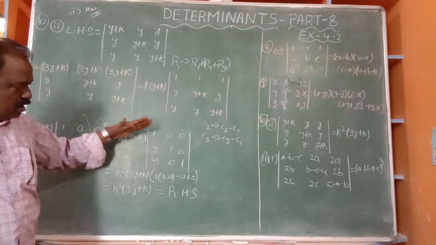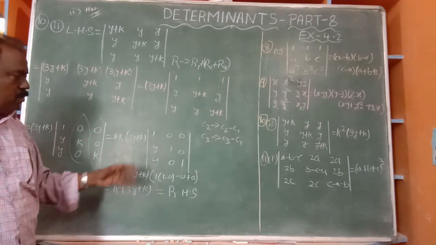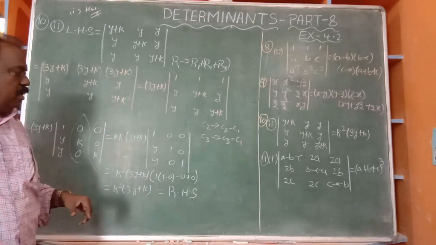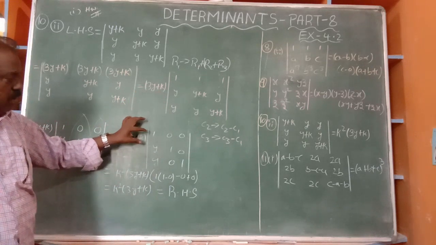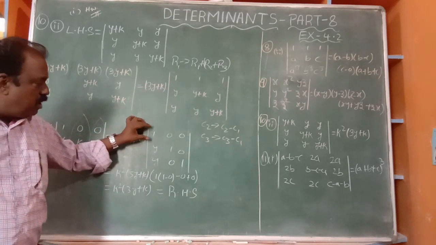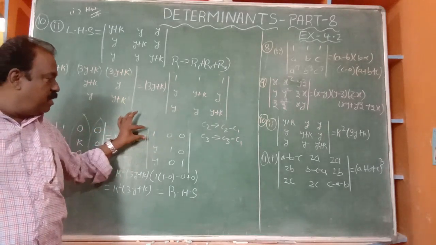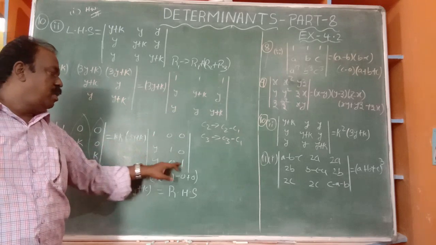Now it is the last, ultimate step. After that, it is not possible to apply any property to simplify the determinant. So I want to expand the determinant in the first row only. 1 of (1 minus 0).